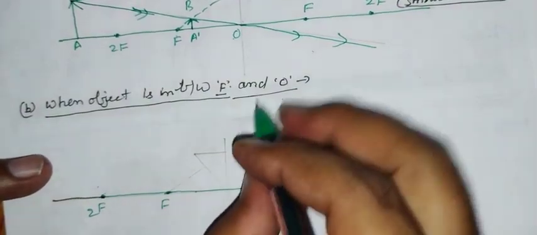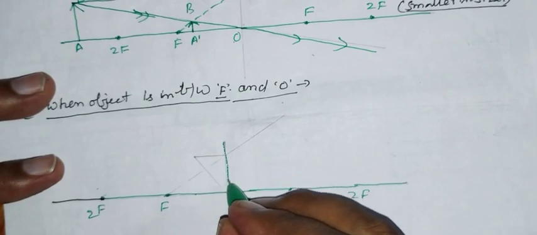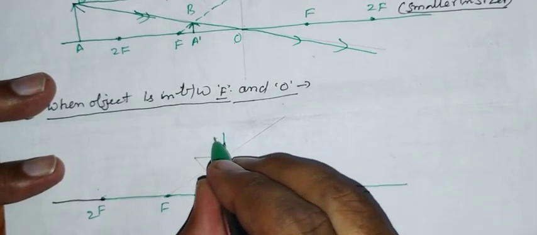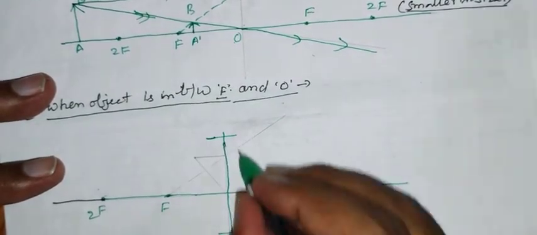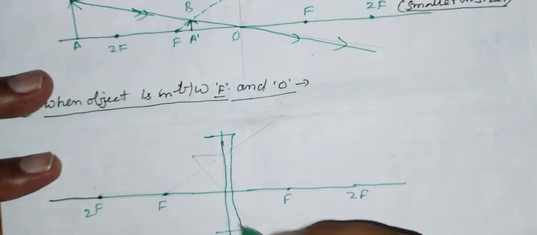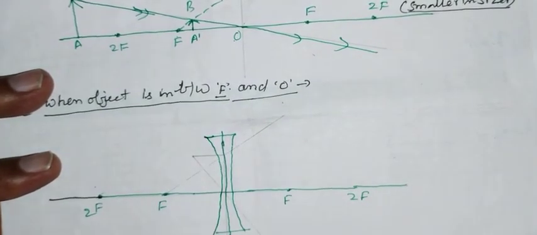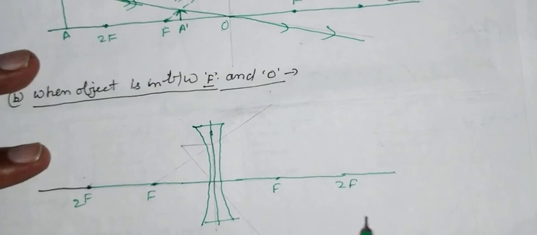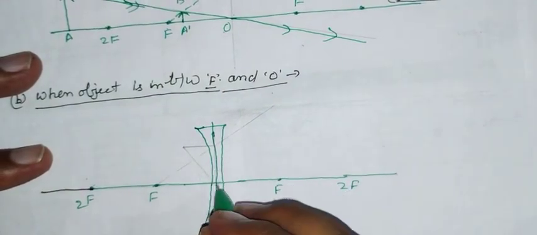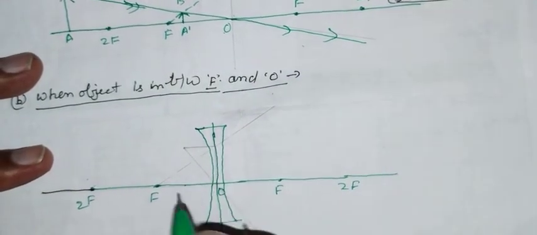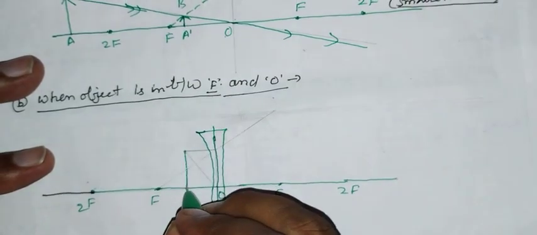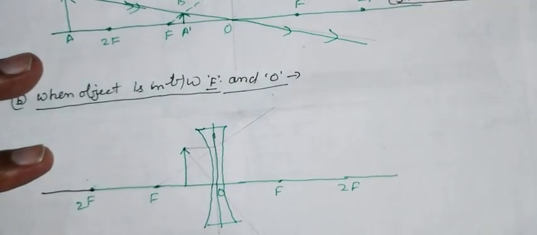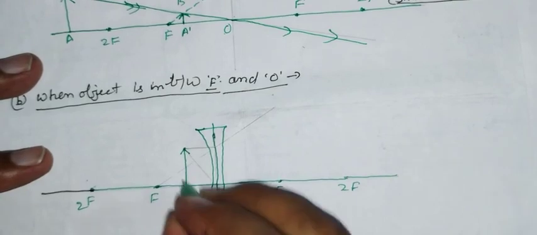This is the principal axis of the lens. It is needed to make a concave lens here. This is the optical center O. An object is here, AB.